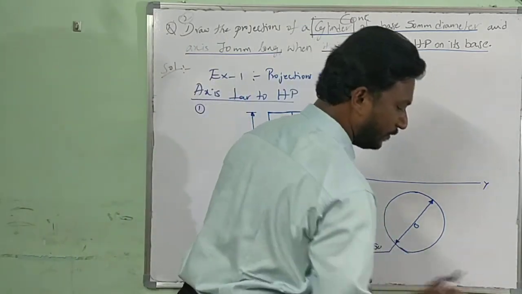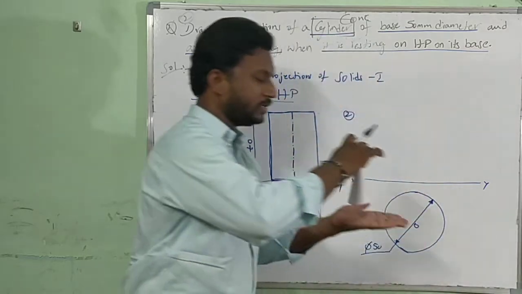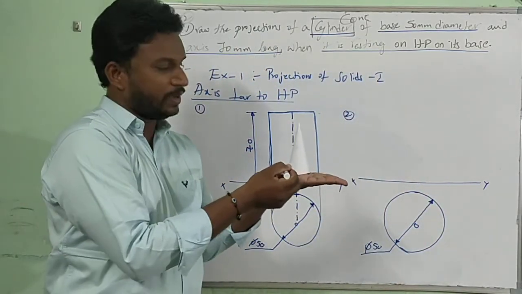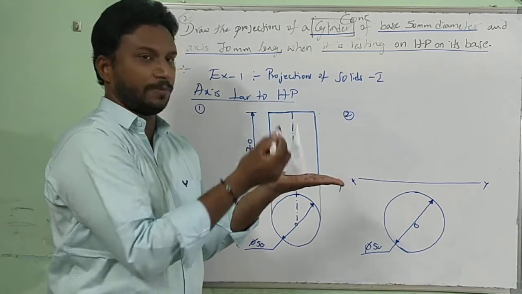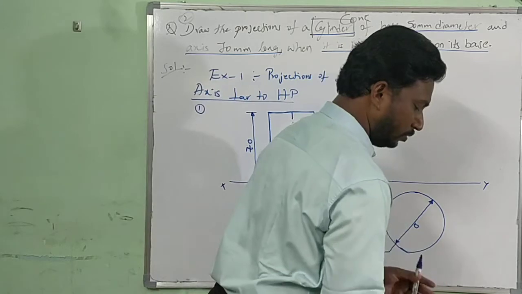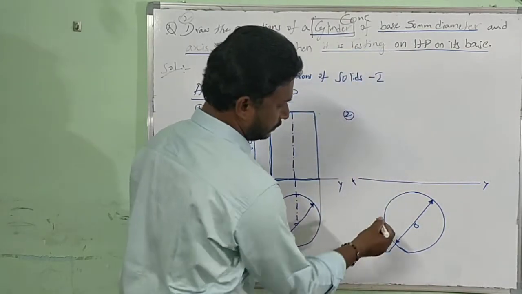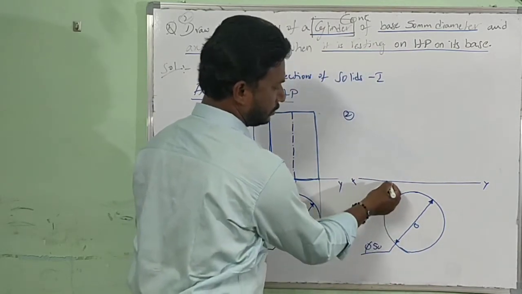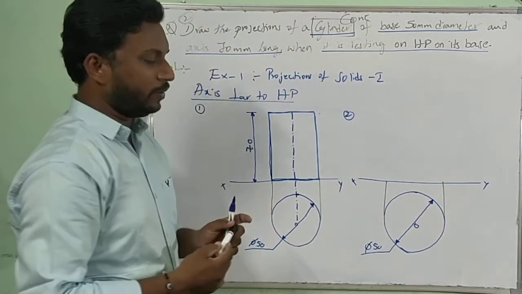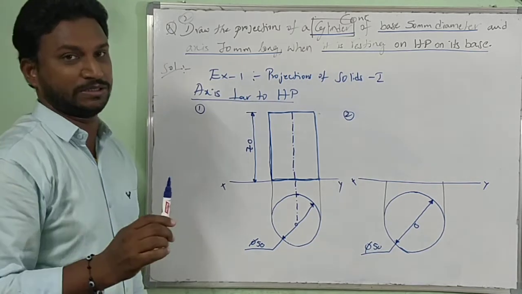Now if you want to go for the front view, how does it look? A triangle. Here the base should be a line, a triangle shape with the apex. How much height? 70 mm long. Try to draw the projectors. After drawing the projectors, I have to draw the axis.